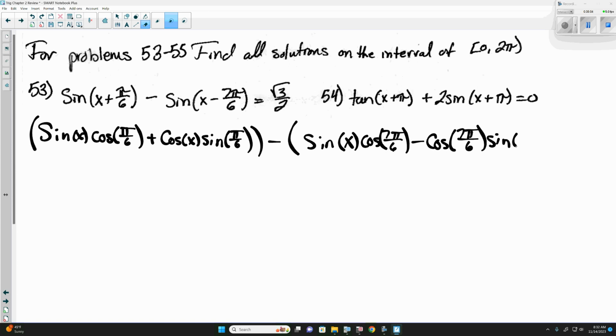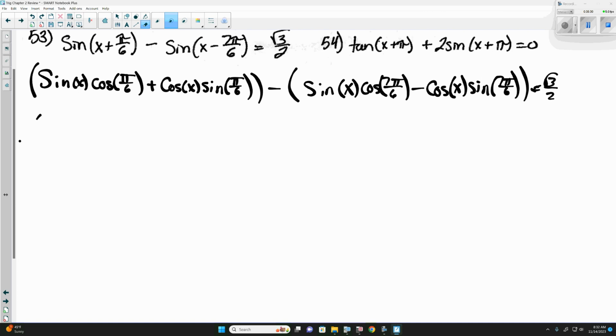Just notice that, cosine of x sine 7 pi over 6 equals square root 3 over 2. So what I did is plugged in our sine formula and difference formula into both and got to this here.